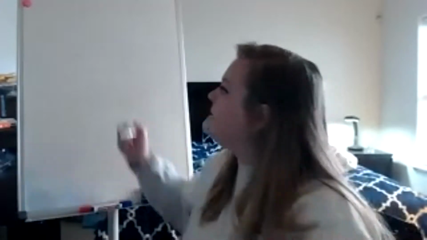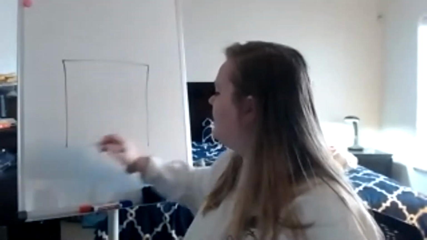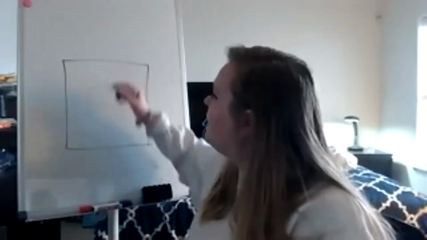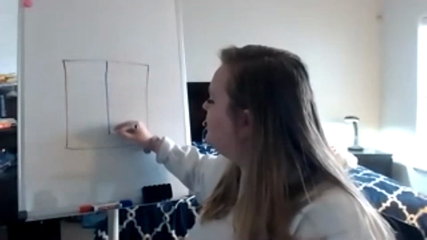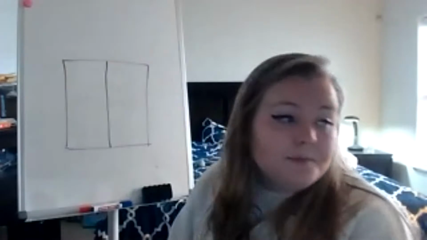So what is shown in your packet is if you have a regular piece of blank white paper, what you can do is draw a line right down the middle or fold it in half and then trace the line.